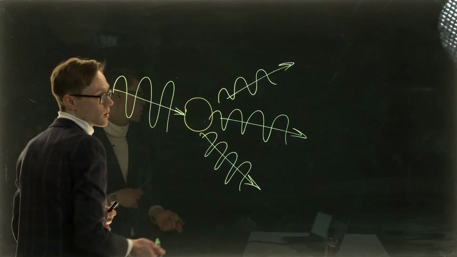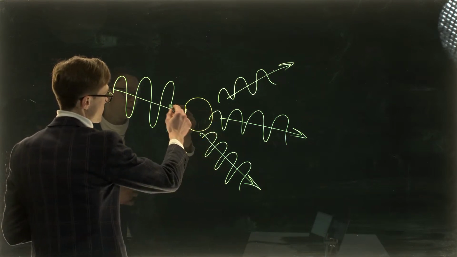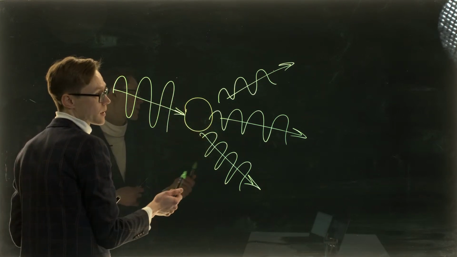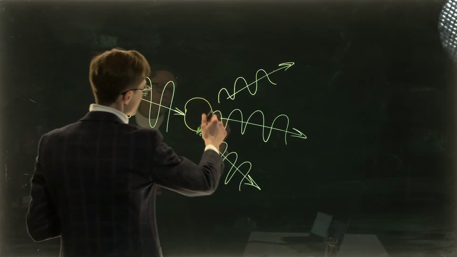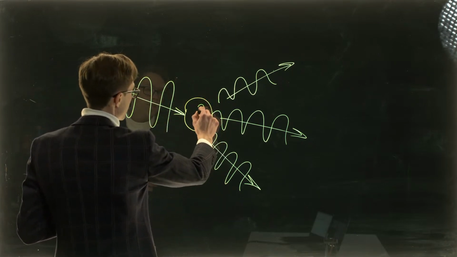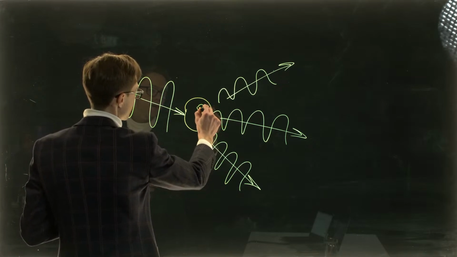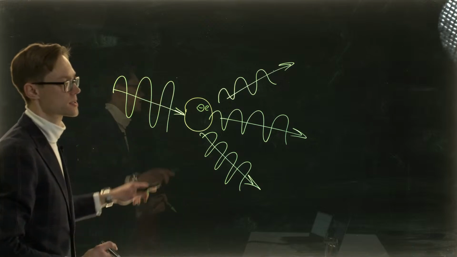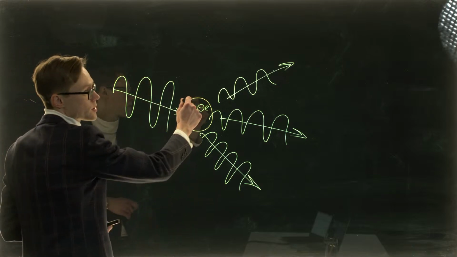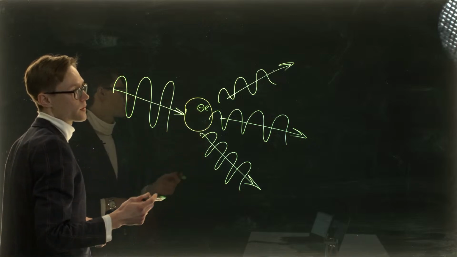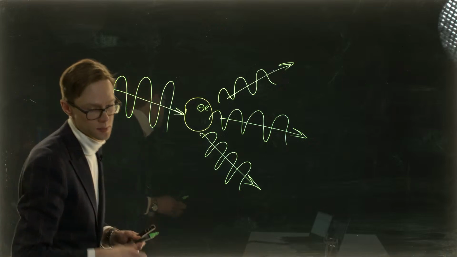So what is going on there on the microscopic level? The following process. This incident electromagnetic wave makes the electrons inside the material or inside this particle produce their own wave. So they also produce some other wave which propagates.